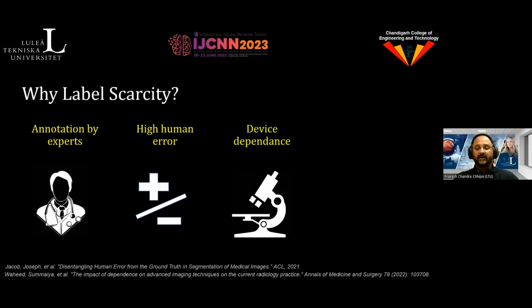Then the device dependencies. The same cause and the same problem statement related to medical images could have very different characteristics because they are generated through different devices. One example is histopathological images, where different institutions and protocols require different magnification details and staining methods.